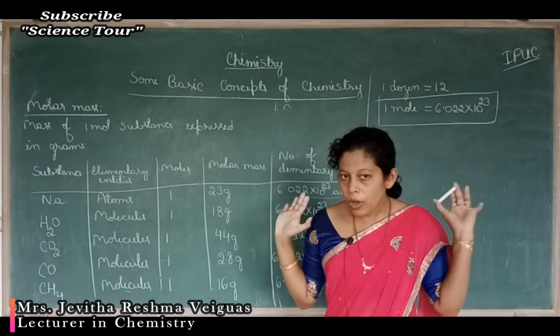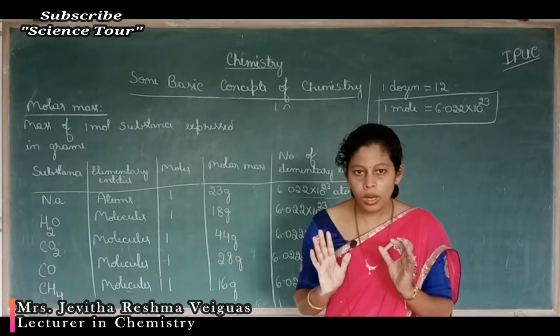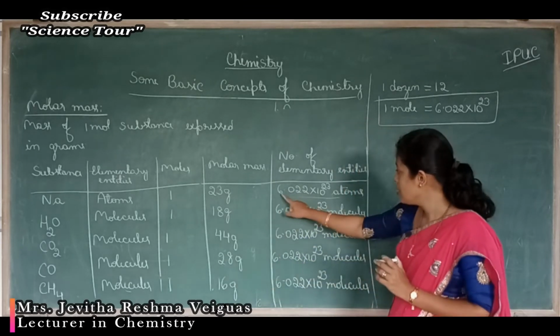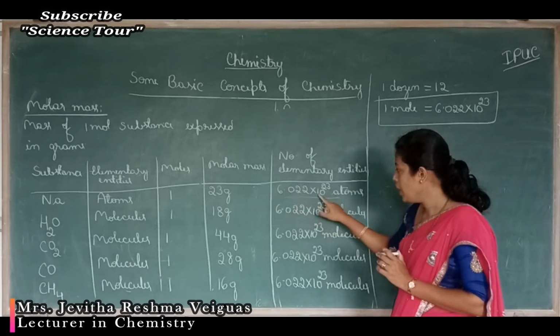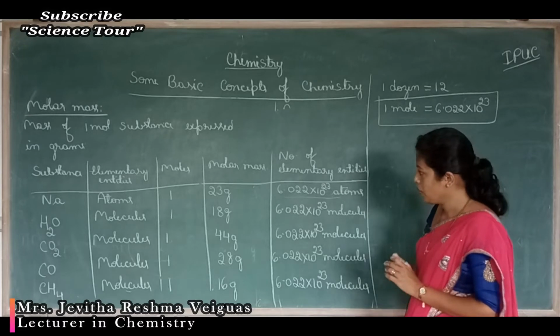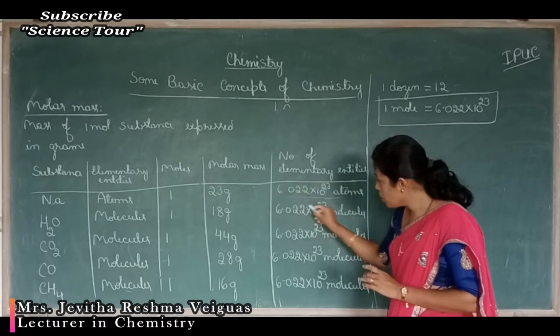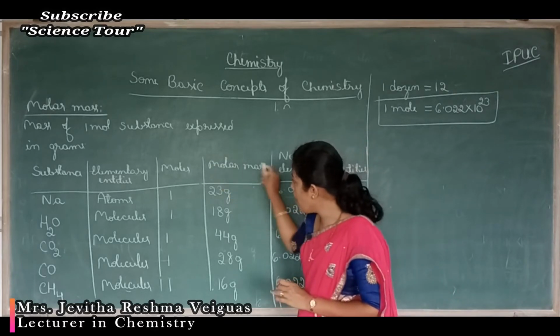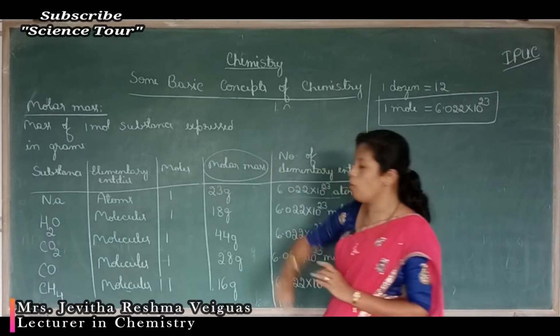So very simple concept. 1 mole is the amount of substance that contains 6.022 into 10 to the power 23 elementary entities. Always so many elementary entities will have mass which is equal to molar mass.